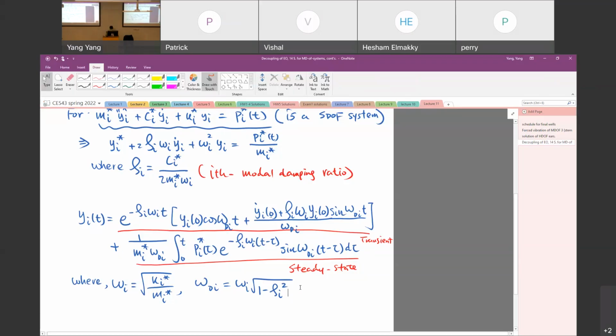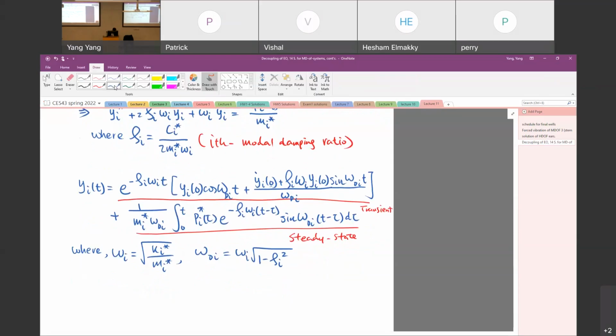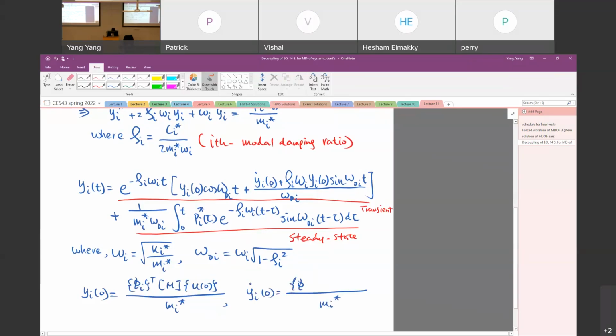And the initial conditions can be expressed as, for example, the initial displacement and the initial velocity.